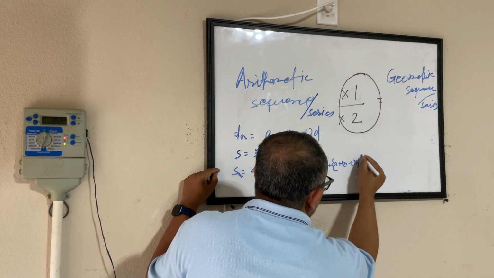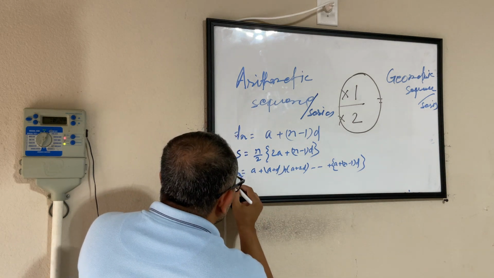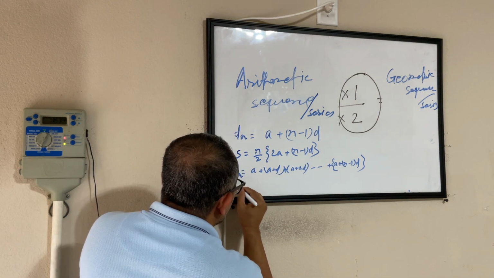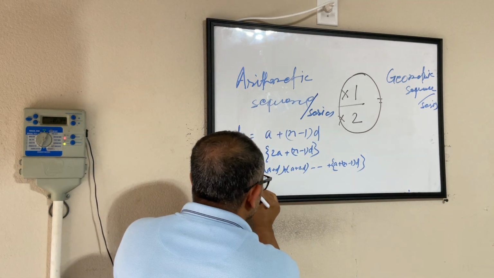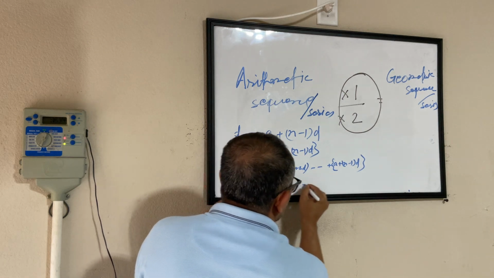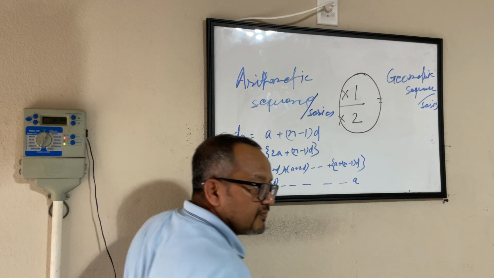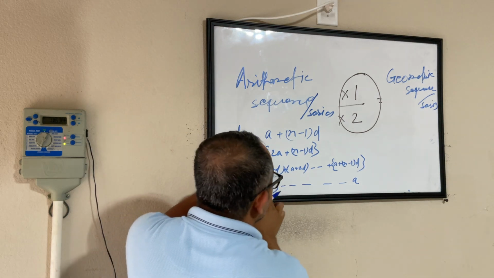Then we just reversed the order. We brought the nth term first and then went until the first term. And when you add these two, you will see that this becomes 2a plus n minus 1 d.